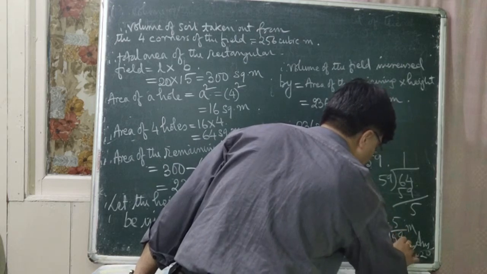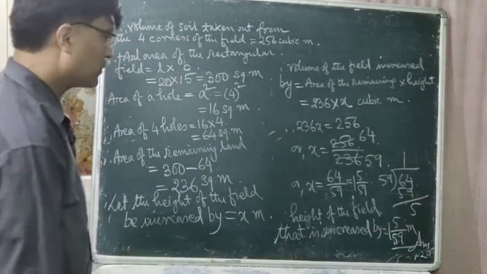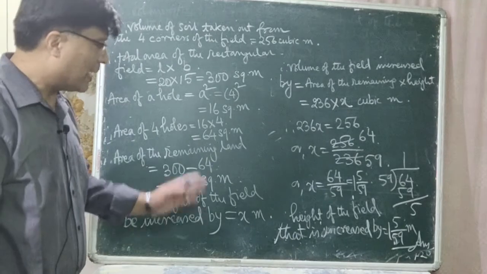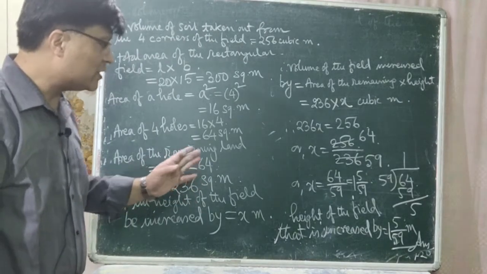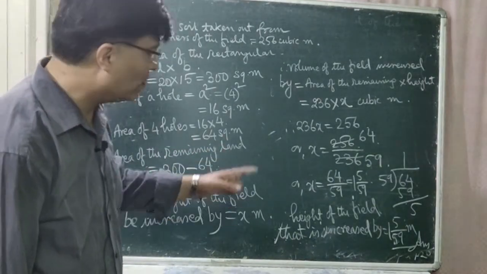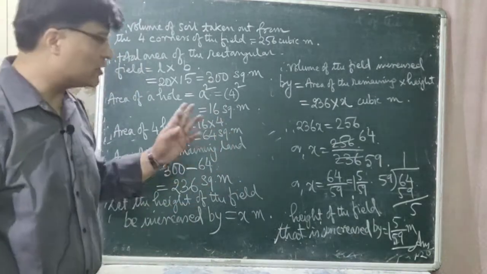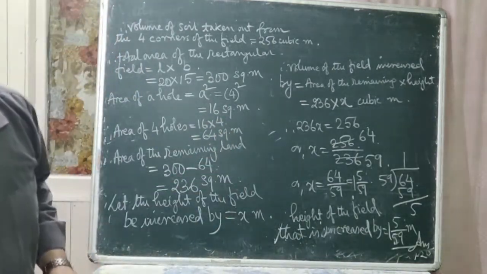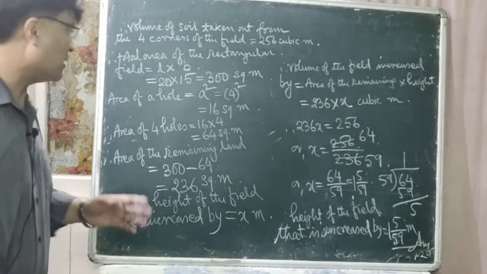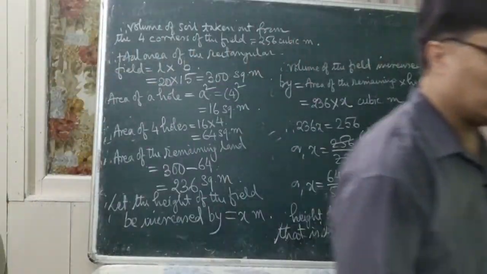This is your answer. You have to write down the unit also, that is meter. That is your final answer. So you can copy it, we'll do the next question now.